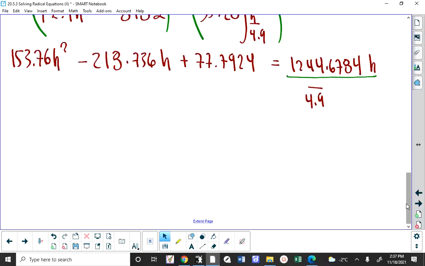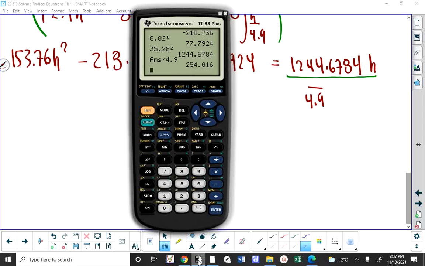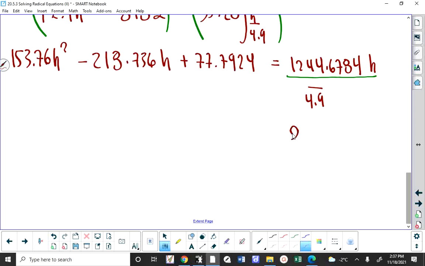So we end up with, on this side, 254.016h, and it's equal to this other stuff.